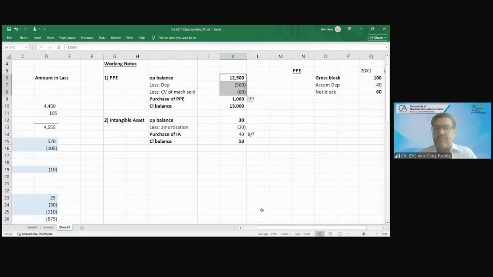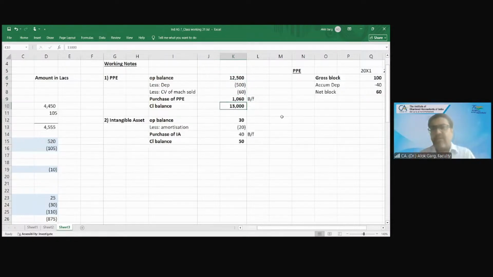Suppose the PPE closing balance now is 13,000, because of that we have an addition of 1,060. Yes, of course, if the closing balance is 10,000, the sale will be there.